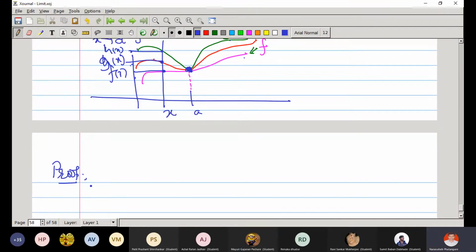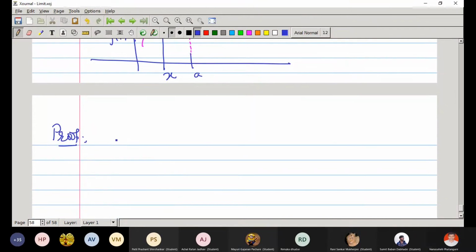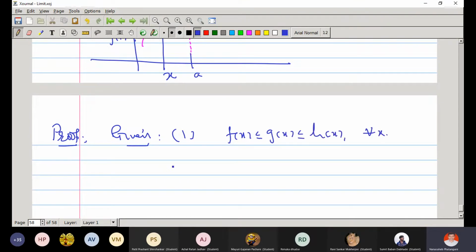Okay, so how to prove this? What is our assumption? What is given? The first thing is f(x) is less than or equal to g(x), which is less than or equal to h(x), for every x. What is the second point? The limit as x tends to a of f(x) is equal to the limit as x tends to a of h(x). And what is our claim?